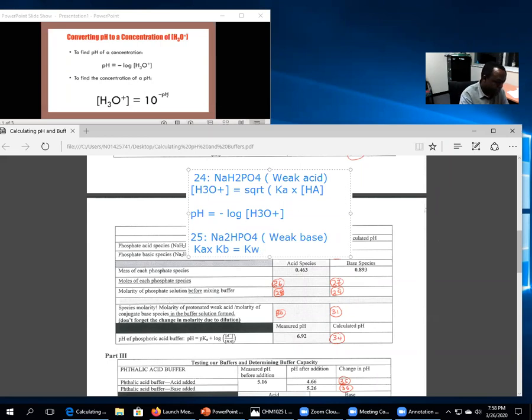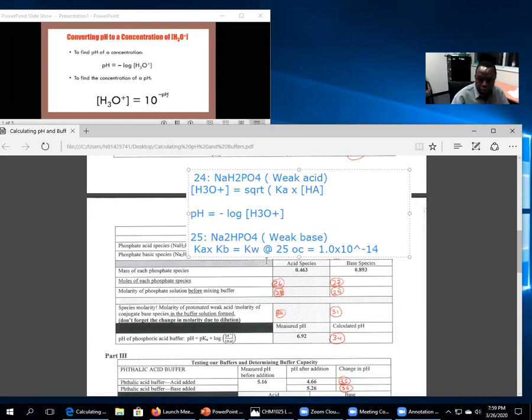And this value, you know, at 25 degrees Celsius, equals 1.0 times 10 raised to negative 14. Not 17, but I meant to say 14. Kw, you know Kw, this is Kw right here.